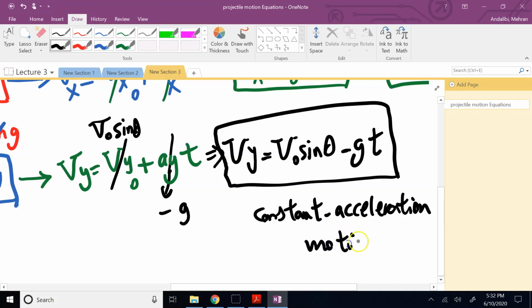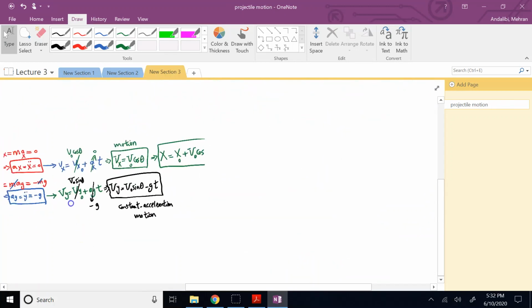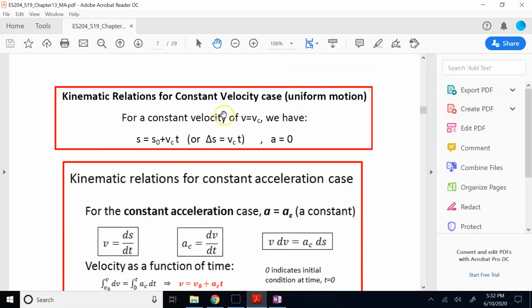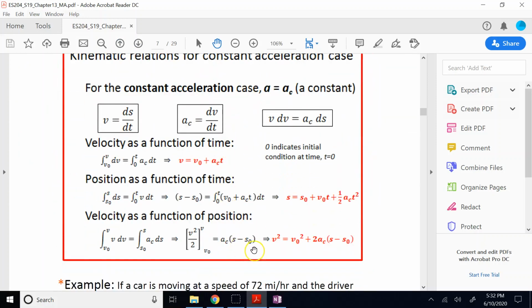So it's kind of an interesting motion, right? In one direction, it is uniform motion. In the other direction, it is constant acceleration. So it is both of these types of motion at the same time, which is very interesting.